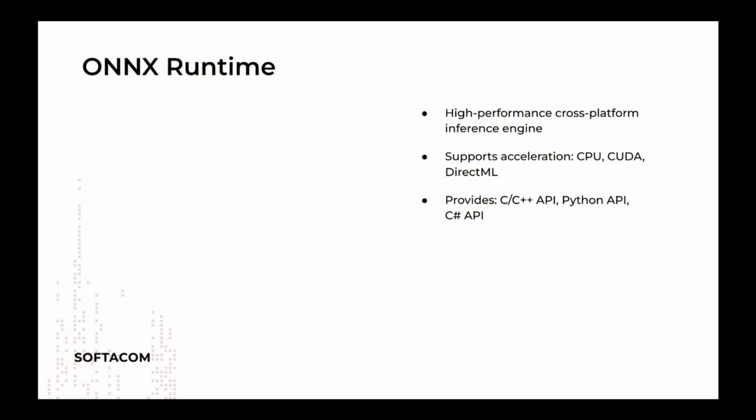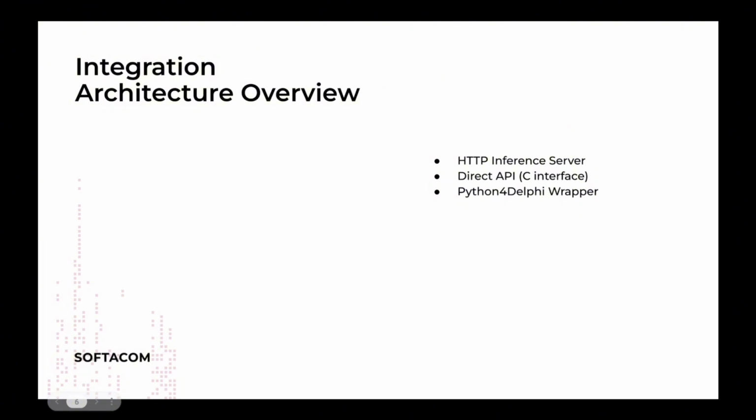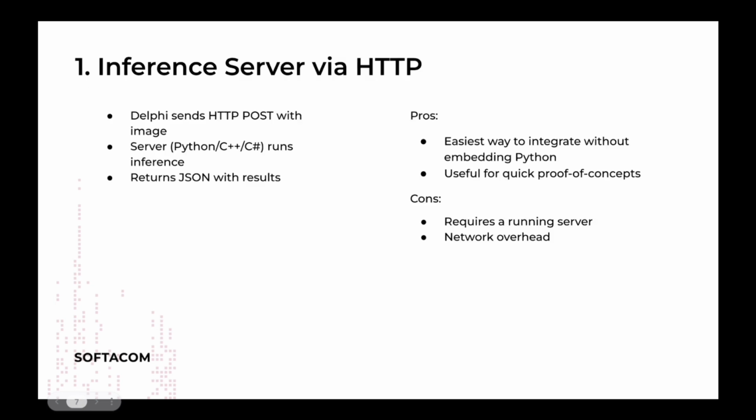And other tools that we are going to use are Python4Delphi, P4D, a library that lets Delphi run Python code directly inside the application. There are three common ways to integrate ONNX Runtime into a Delphi application. Approach 1, calling an inference service via HTTP.